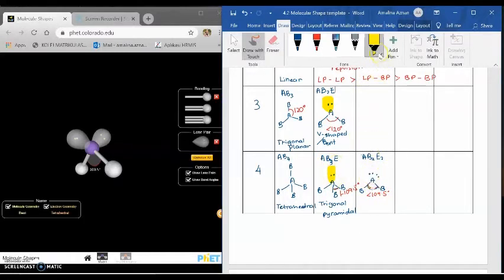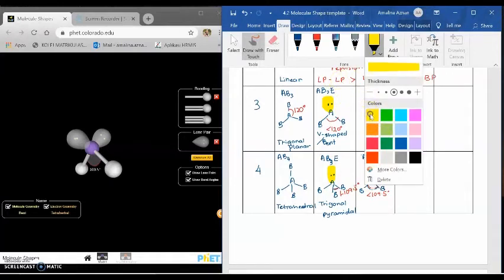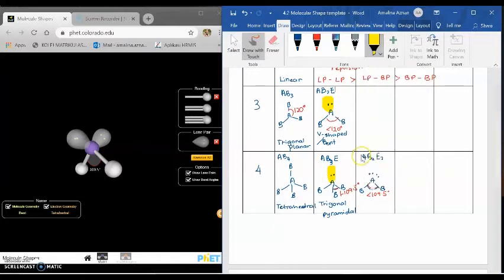In this case, remember that the repulsion between lone pair and lone pair is the strongest. If you have 2 lone pairs here, the lone pairs will repel each other and consume space in 3D. So the bond angle here will be smaller and smaller due to the repulsion.